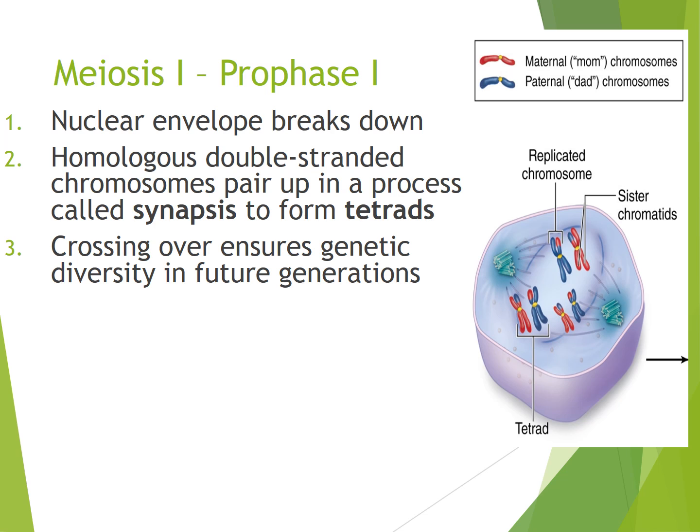Here we begin the crossing over of the maternal chromosomes as well as the paternal chromosomes, and this allows for genetic diversity with each generation. Prophase 1 ends with the breakdown of the nuclear envelope of the cell.